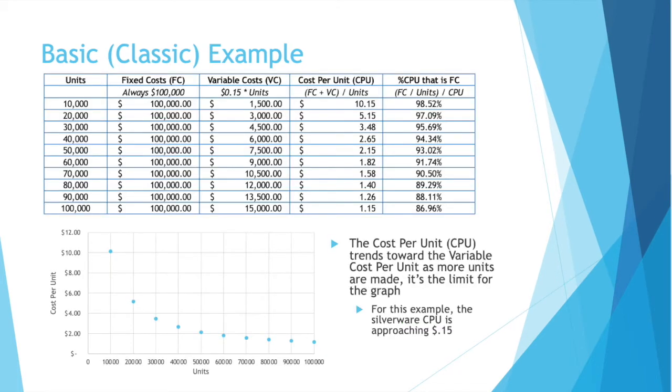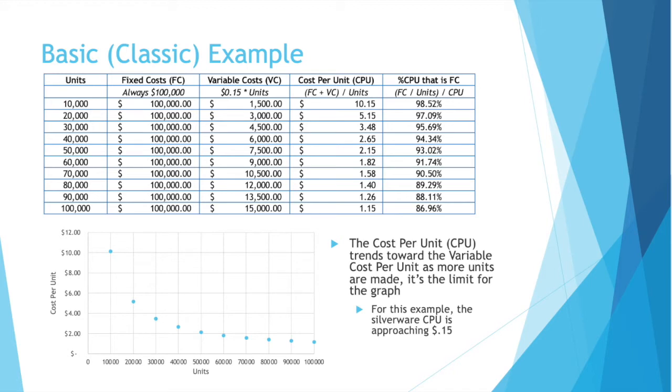I made a table and graph based on different sized contracts, so you can see 10,000, 20,000, 30,000 contracts, on and on, up to 100,000 unit contracts. You can see in the fixed cost column, that value, $100,000, stays the same no matter how many units you are producing, because you still have to buy the equipment to make those units.